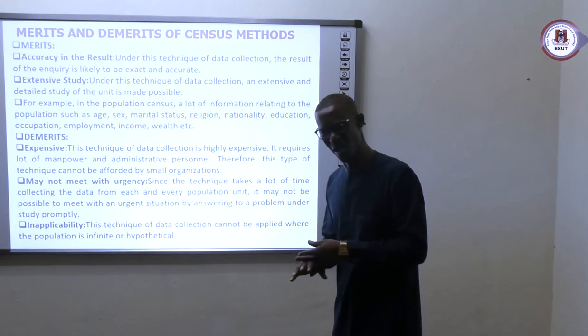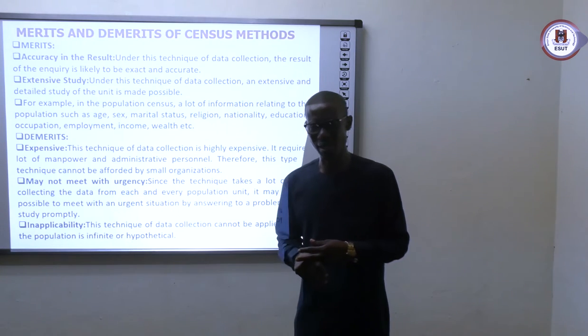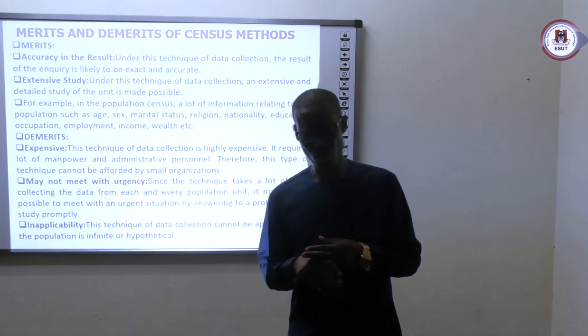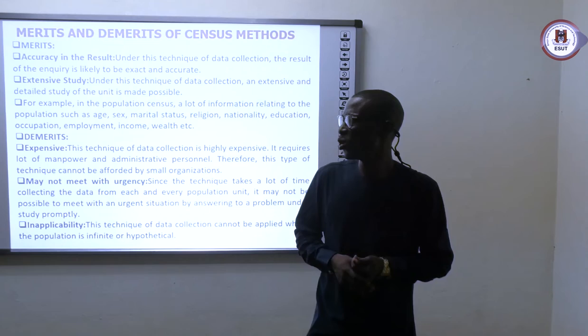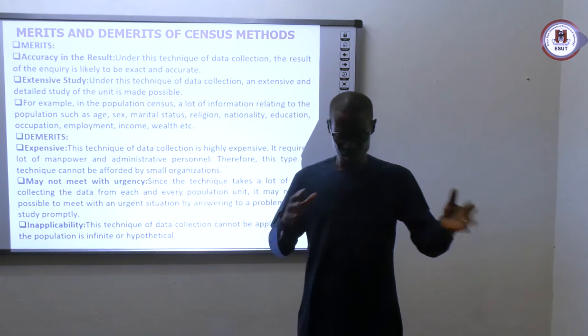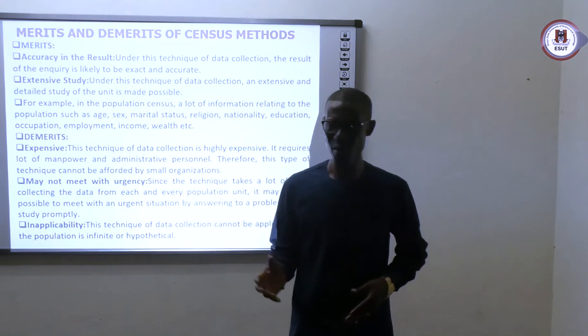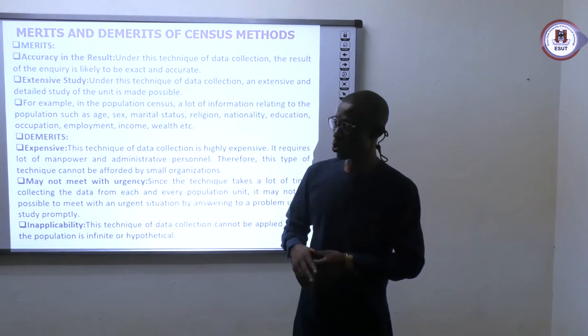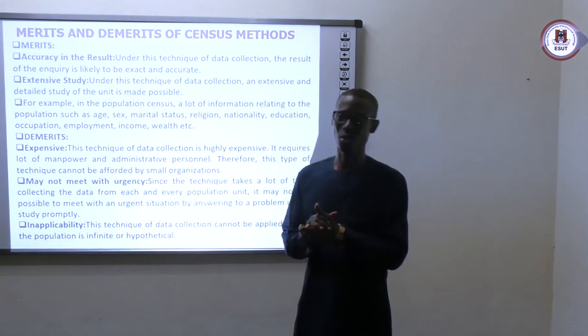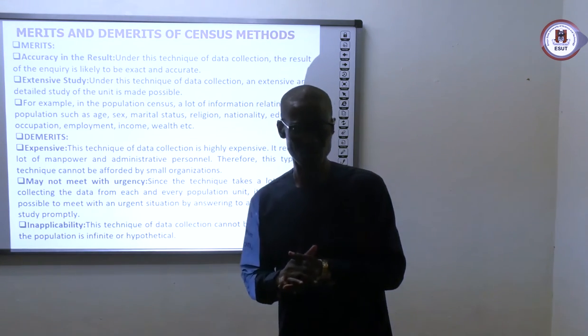But one of the demerits, one of the disadvantages, is that it's too expensive. In a situation where you want to know the ratio of males to females in Nigeria, and you want to examine the whole population, you know that it is cumbersome to achieve.